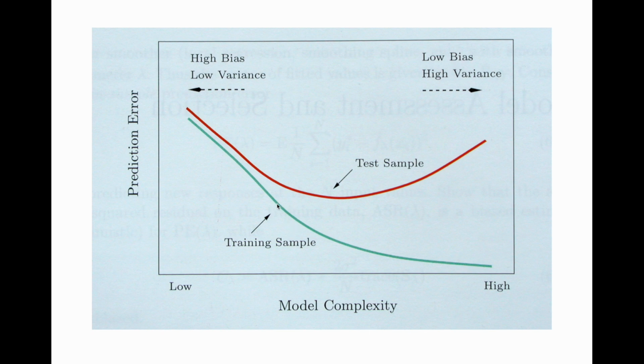Obviously it will go down because our model will fit the training data more closely, right? So our training error rate will go down. Test error rate will also go down. Why will it go down? Because now the model is more complex, okay? Then it has got better predictive power for the newer data sets, for the test data sets also.